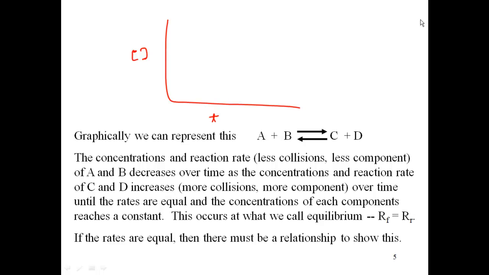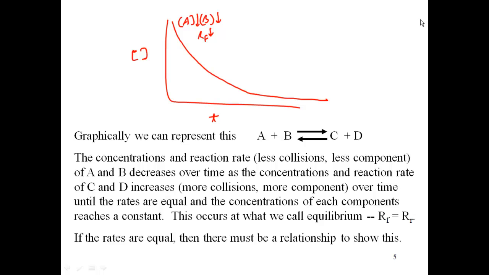If I have the reaction of A and B, I have some concentration of A, and I have some concentration of B. Over time, these molecules will be colliding, and the concentration of A and the concentration of B will be going down over time. They will be getting less over time. At that point where the concentrations of A and B are getting less, my forward rate will also be decreasing over time because the probability of collisions goes down.